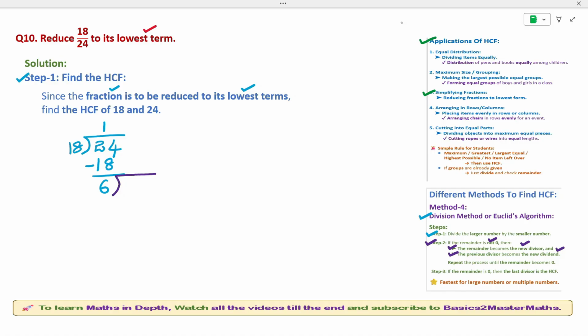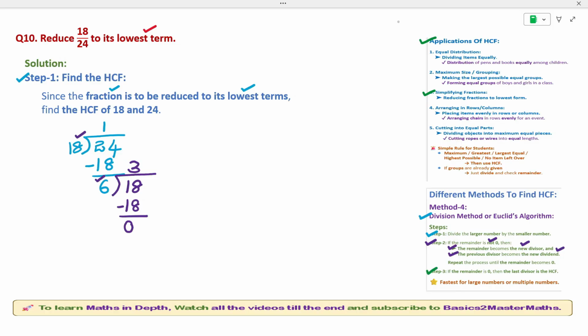In this case, 6 becomes the new divisor and 18 becomes the new dividend. When we divide 18 by 6, we get 3 as the quotient and 0 as the remainder.